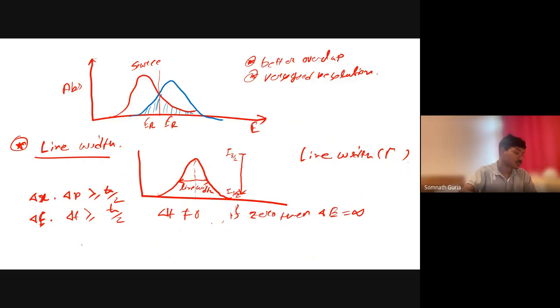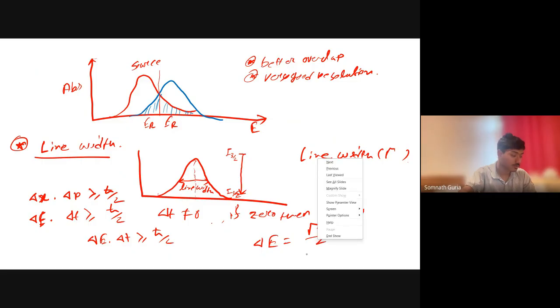Here the term is delta E times delta t greater than or equal to h cross by 2, and this delta E can be written as the line broadening gamma by 2.